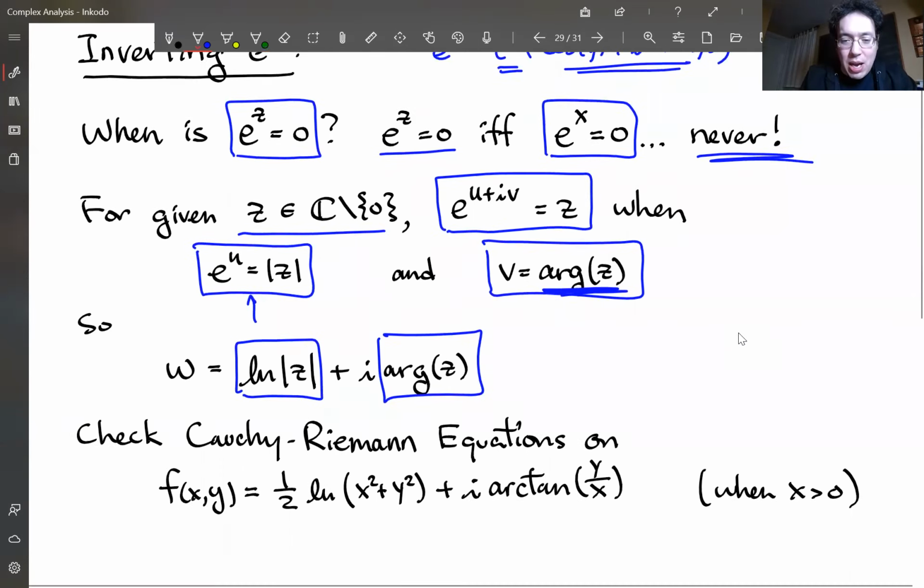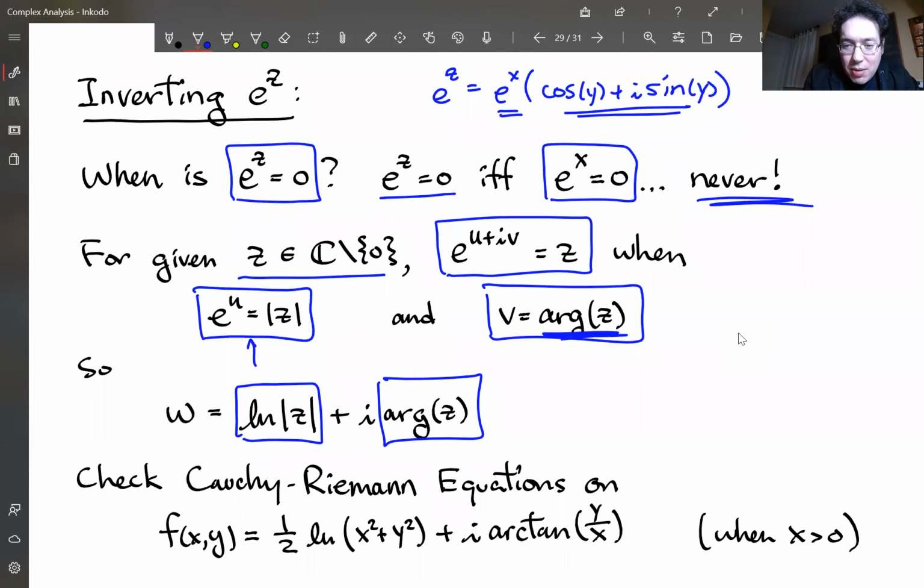Right? So a couple things. When I write natural log of the modulus of z in terms of the real part and imaginary part of z, this is the same thing as natural log of the square root of x squared plus y squared. There's a rule for logs where if you have an exponent inside of a natural log, you can pull that to the front of the log.